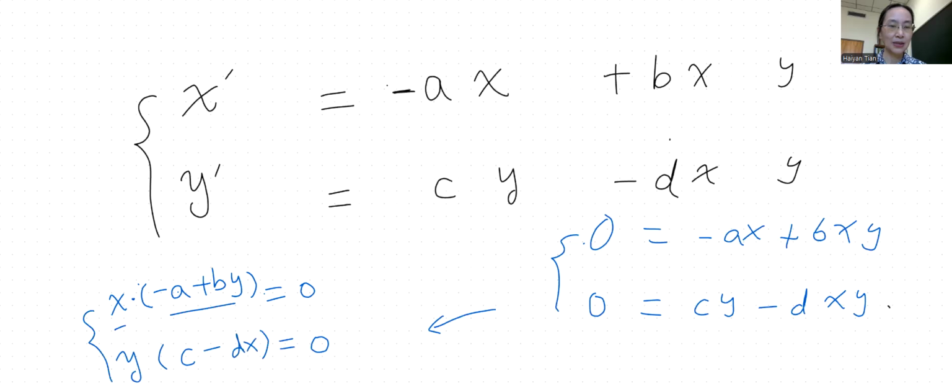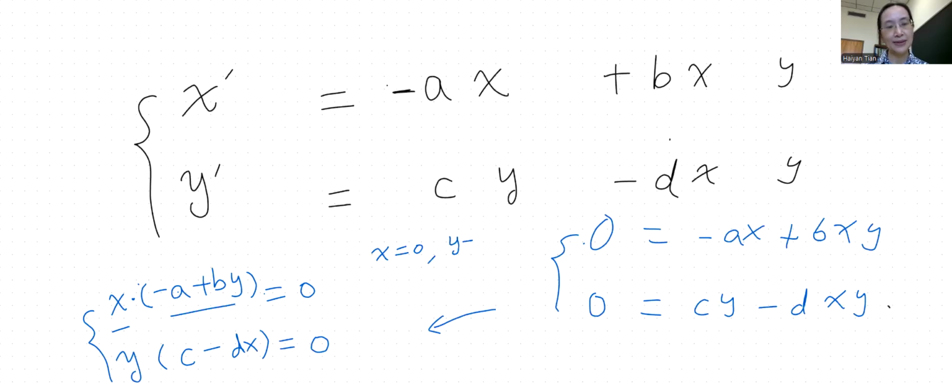So that means x is 0 or the other factor is 0. So then we can find either x is 0 or the second factor is 0.